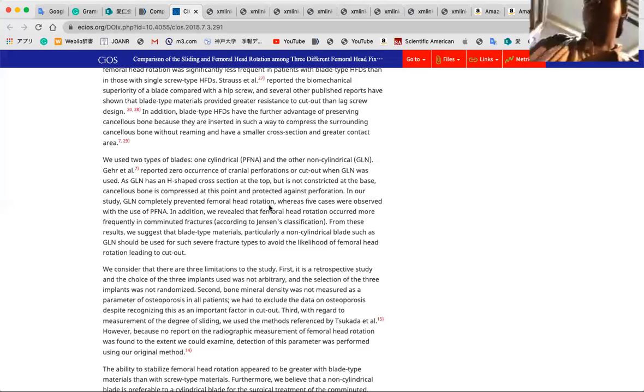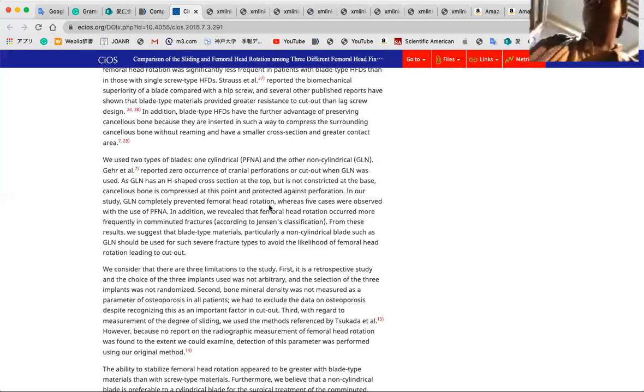So maybe I said previously, some surgeons prefer to fix using the gamma nail or other femoral head fixation devices. So they prefer to lock the sliding to maintain the leg length after the operation.